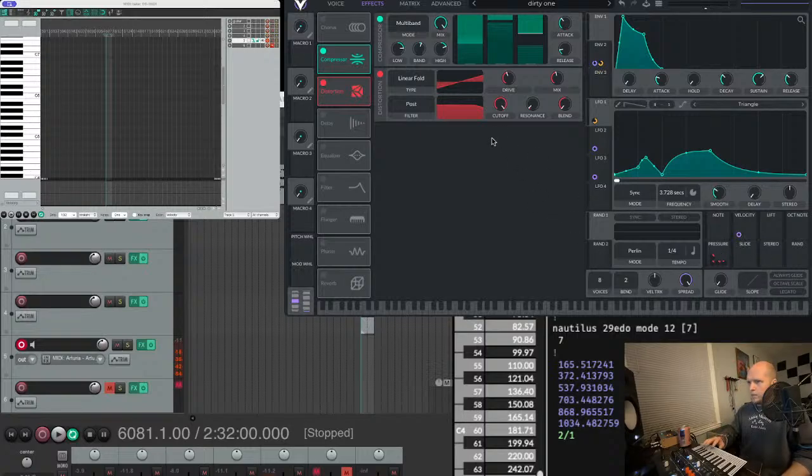So on this keyboard, if more of my finger is on the key, that pressure value right here, you can probably barely see that, rises. And so I can affect this even after I hit the note. In that way it's different from plain velocity, which is affecting the wave frame of oscillator 2.